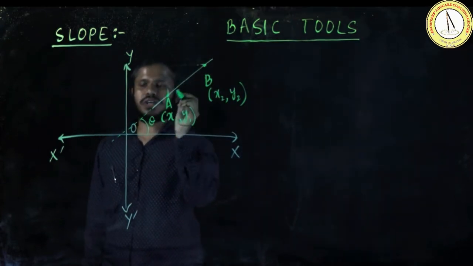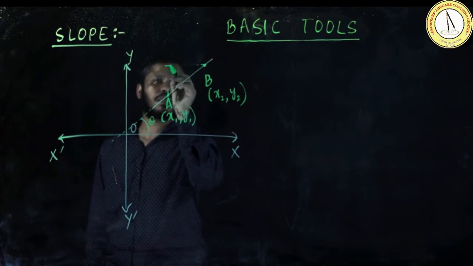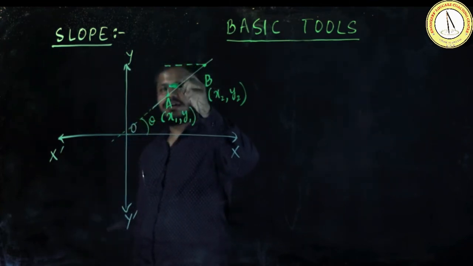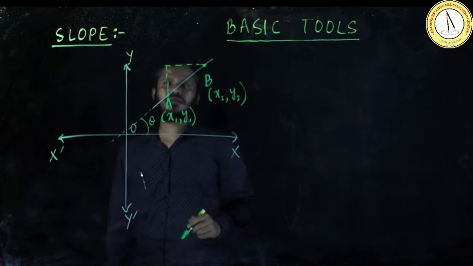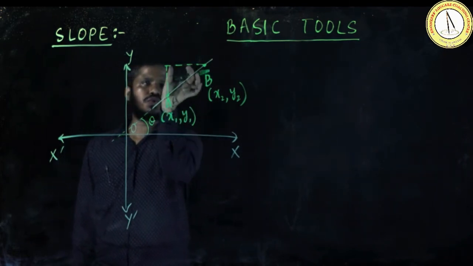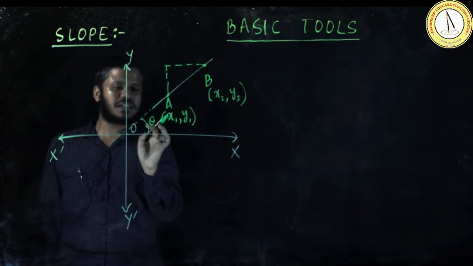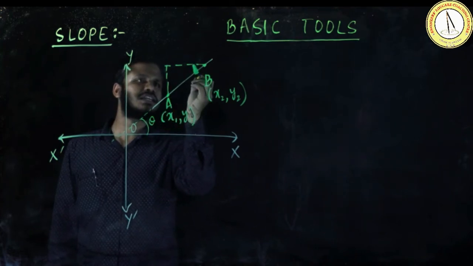Now let us draw a line parallel to the x-axis which will pass through point B, and again a line parallel to the y-axis which will pass through point A. Now in order to find this tan theta, let us transfer this angle theta here.